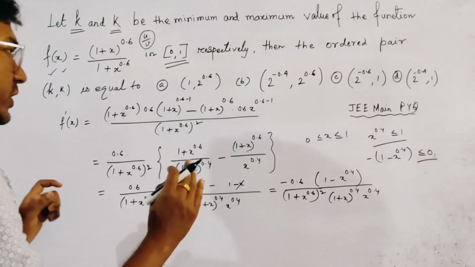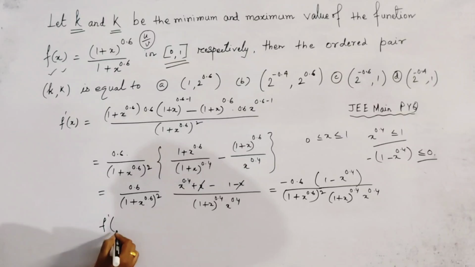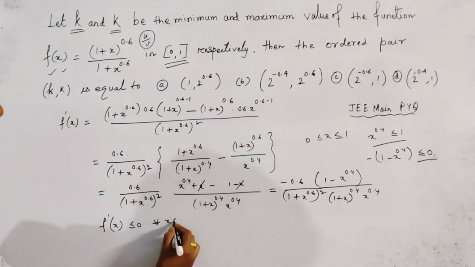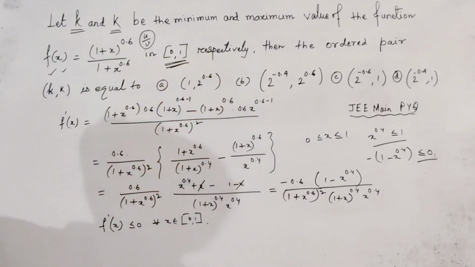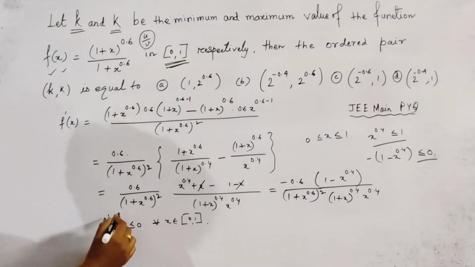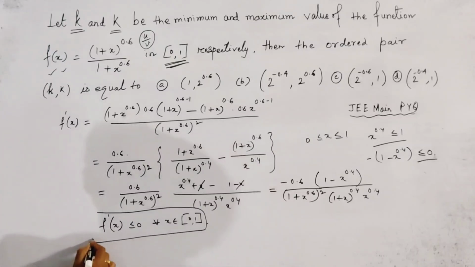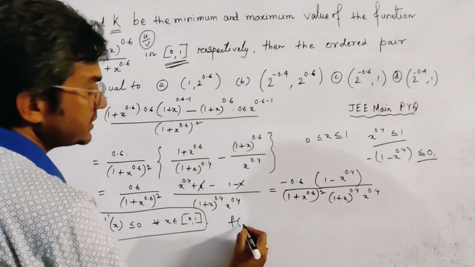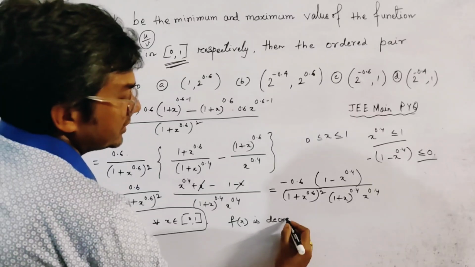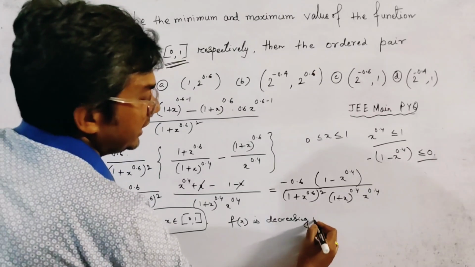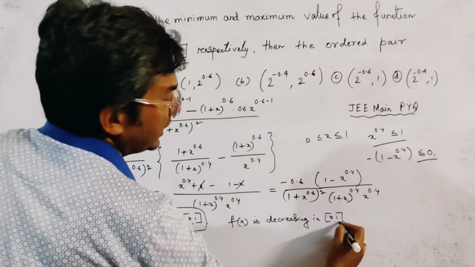So we get that f dash x is less than or equal to 0 for all x belongs to [0, 1]. This is the given interval. So we say that from this result f(x) is decreasing in [0, 1], right?